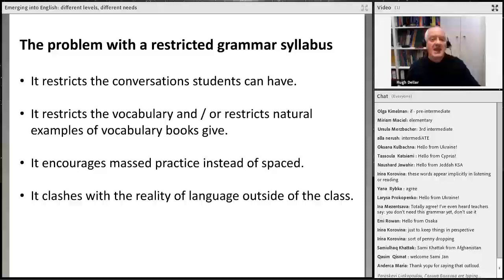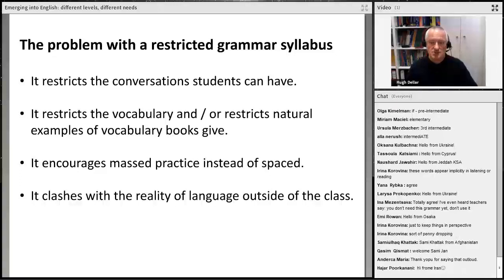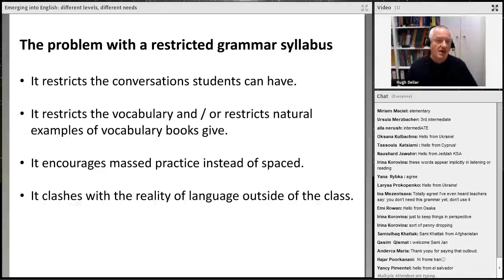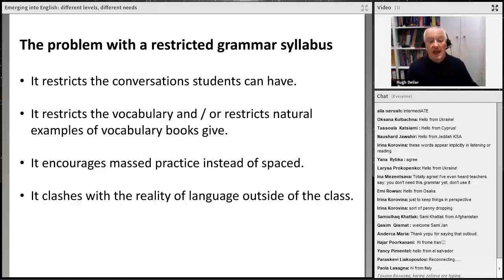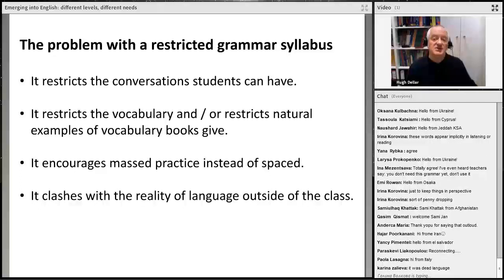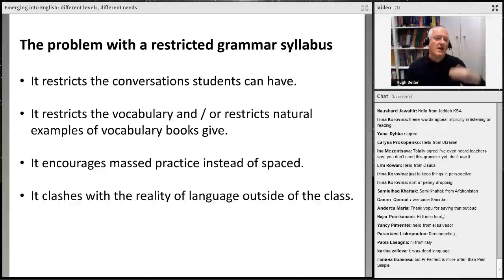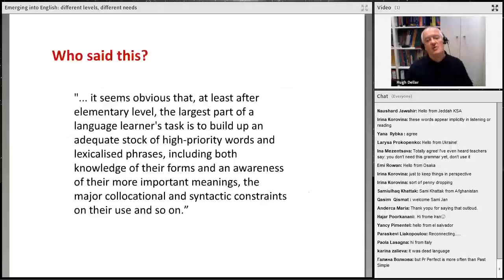And maybe in that context, it makes sense to keep the kind of language restricted. Nowadays, students have access to English from all over the world in all kinds of different formats. And outside of the classroom, the use of things like went and been and have to and if is obviously really, really not restricted in this kind of way. So by continuing with a very restricted grammar syllabus, we're clashing with the reality of language outside the classroom.